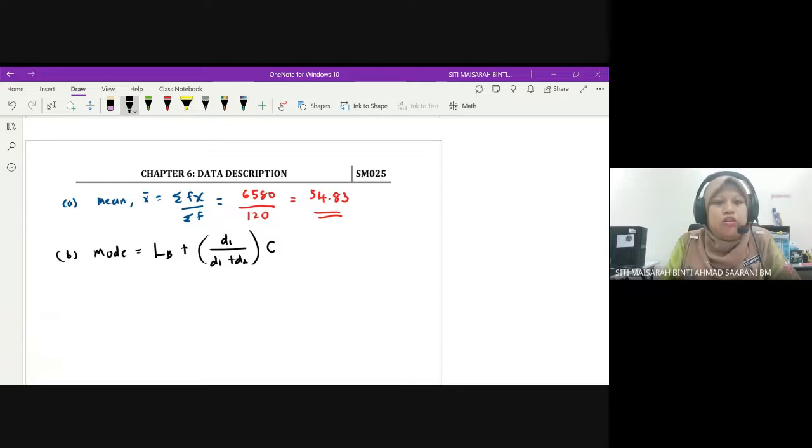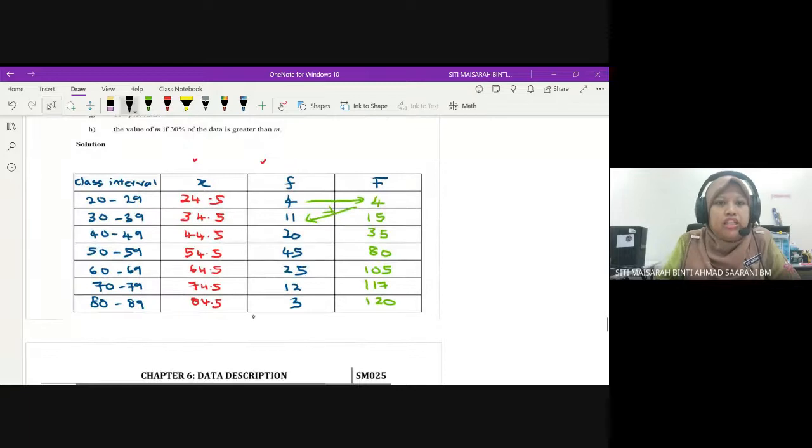First you need to identify which row you are going to use to find the mode. Mode is the highest frequency. As you can see, the third column here is frequency. The highest frequency is 45, so this is the fourth row. The fourth row is involved for the mode.